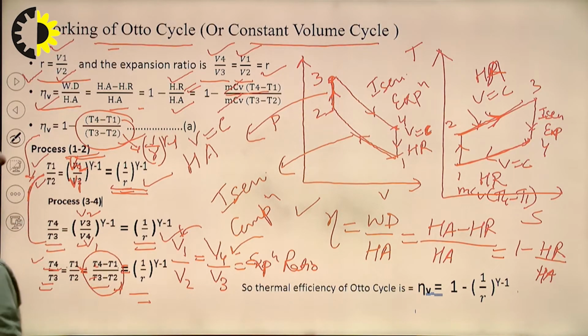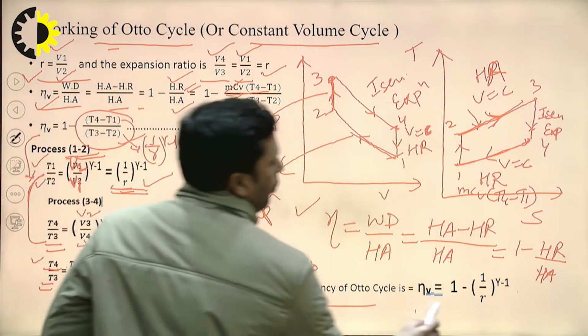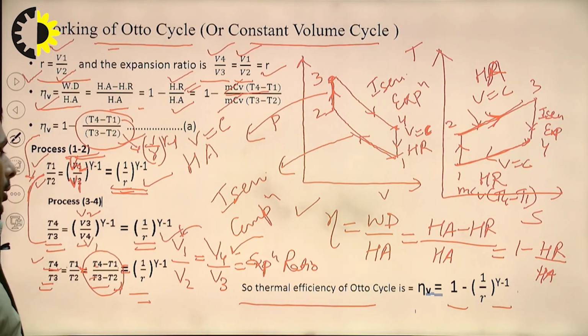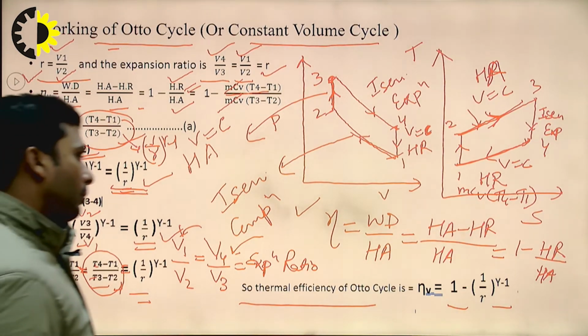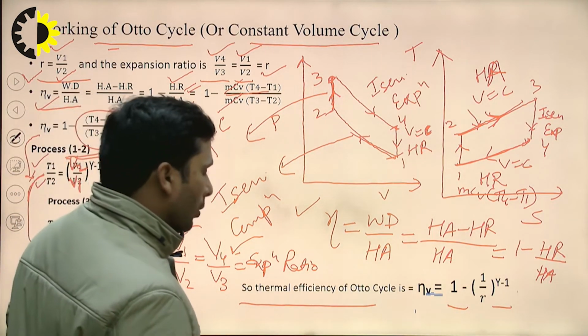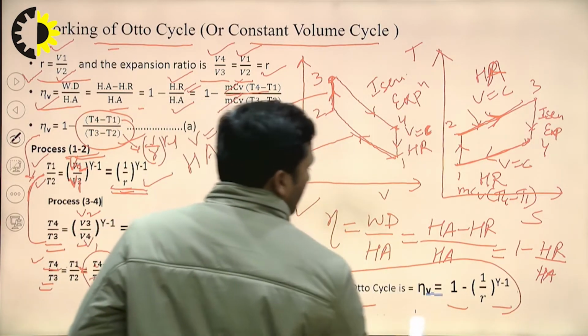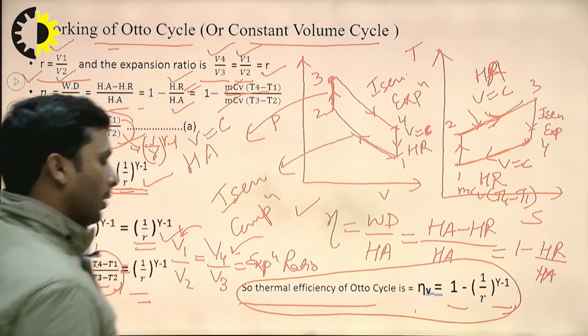So the thermal efficiency of the Otto cycle will be equal to 1 minus 1 by r to the power gamma minus 1. So this is the expression of the thermal efficiency of the Otto cycle in terms of the compression ratio small r.